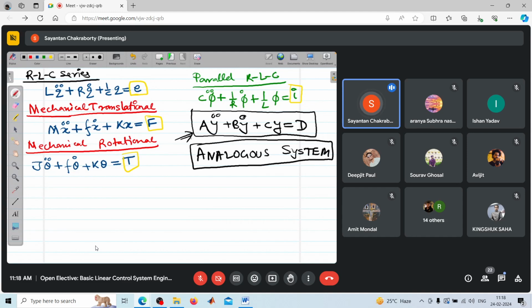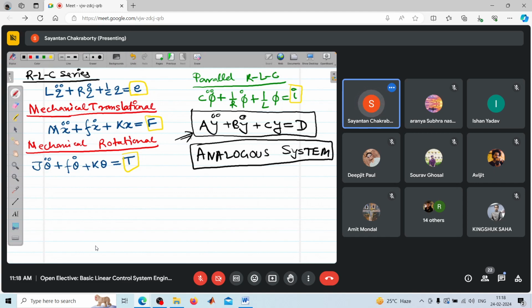Now, what is the advantage of this concept of analogous system? Suppose you want to study a mechanical system, a mass spring damper system, or a rotational mechanical system, which we have discussed. You want to understand how the response behaves if you change the mass, the spring constant, or the damping coefficient. So you have to get a physical model.